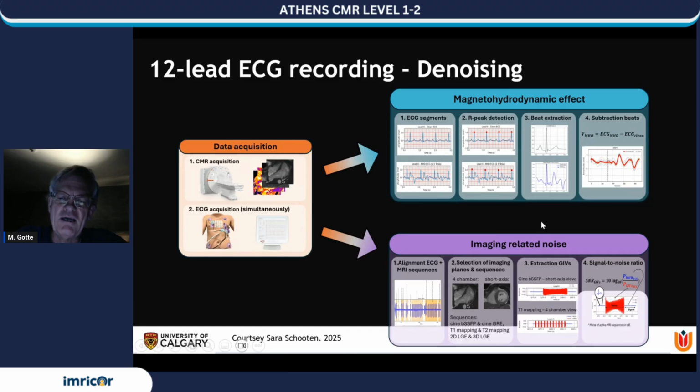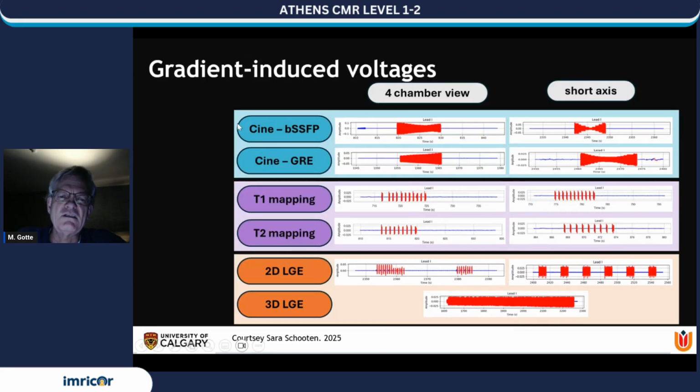On top of that, we have the gradient-induced artifacts, and this is easier to anticipate, because the gradients do have a specific profile. So we look at the different sequences applied and the associated distortions on the EKG. It turns out, kind of logically, that there are specific patterns per sequence that give specific patterns of distortion on these EKGs.